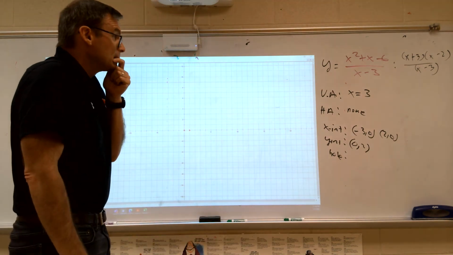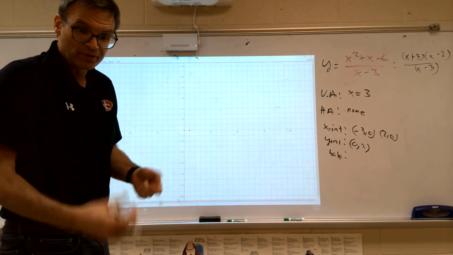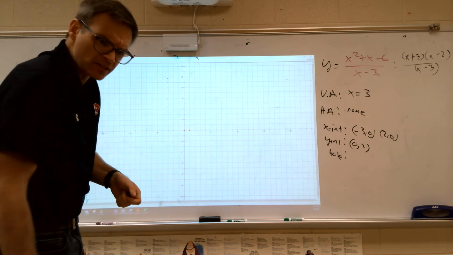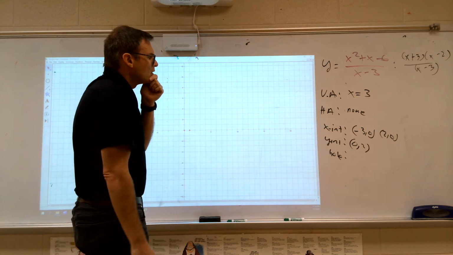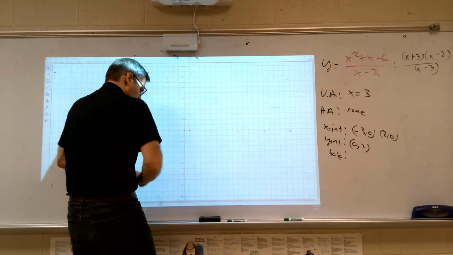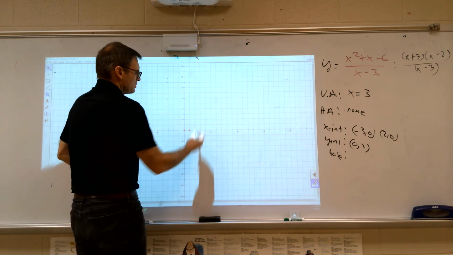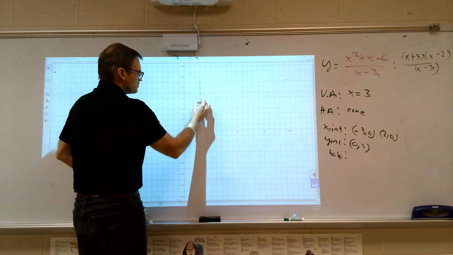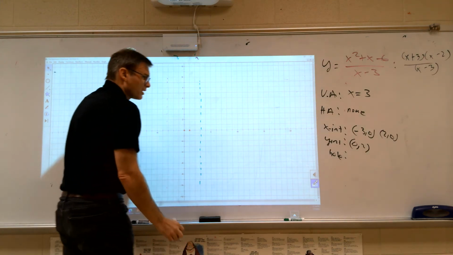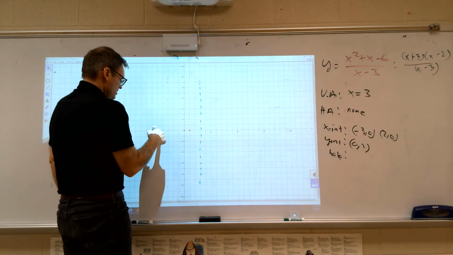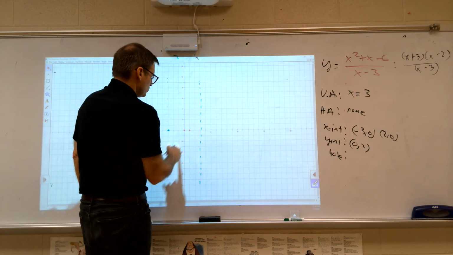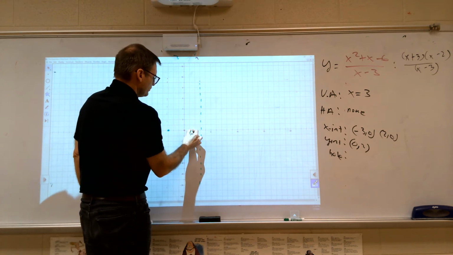All right. So we've got our information, and let's plot that stuff. When I plot my information, I get a vertical asymptote at 3. X-intercepts at negative 3, 0 and 2, 0.